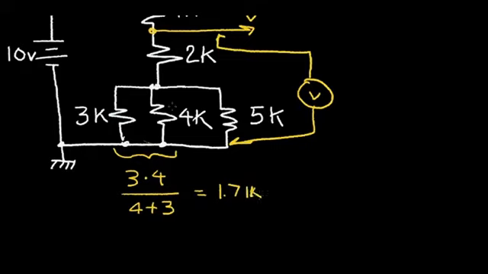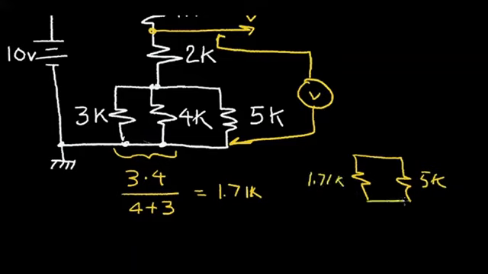So now we have an equivalent resistance for this resistor. So let's draw the bottom part as two resistors. We have a 5K, and we've just come up with an equivalent 1.71K. So we want to replace these two resistors with an equivalent resistance.